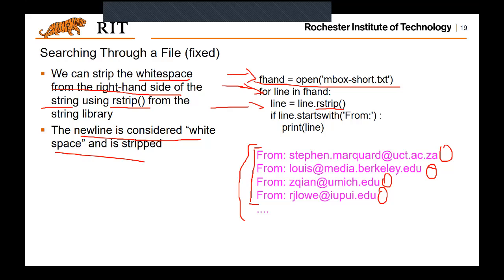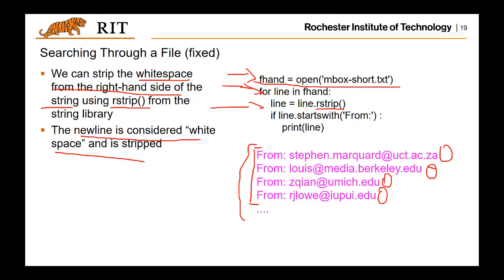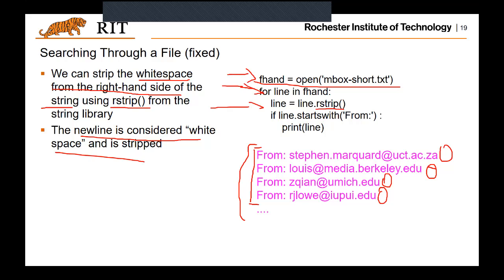And that will also remove those blank lines, right? And then do the search, whether you want to check if the line starts with from colon or not. If that is the case, print out that line.